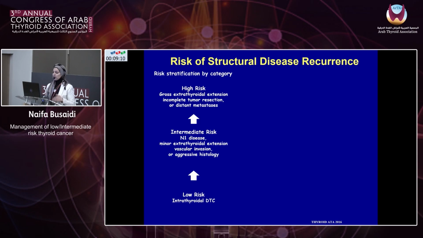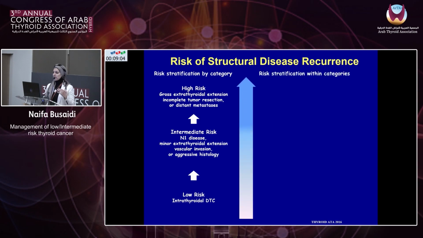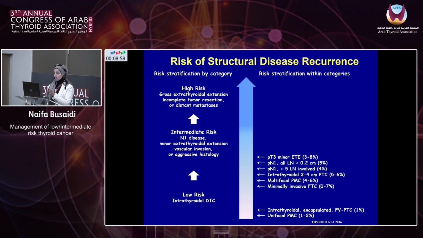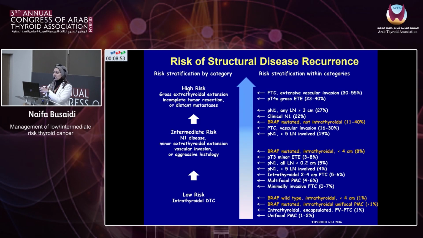So I tell all my trainees to print this page from the American Thyroid Association guidelines, because if you can look at patients and divide them into categories of low risk, intermediate risk, and high risk on the left-hand side of this picture, then on the right-hand side you can associate this with a percent chance of recurrence of disease, right?